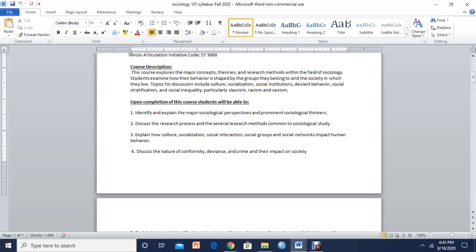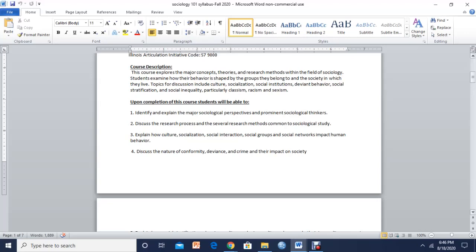Going next, we're going to talk about a chapter on culture, socialization, social interaction, and social groups, and I do talk about social networks and how they impact human behavior. We look at society today, how technology has changed over the last 20, 30, 40 years, and how cultures and people have adapted to this change and the use of technology.